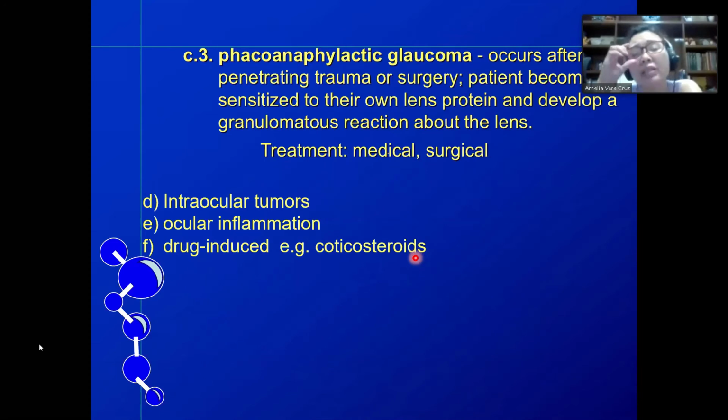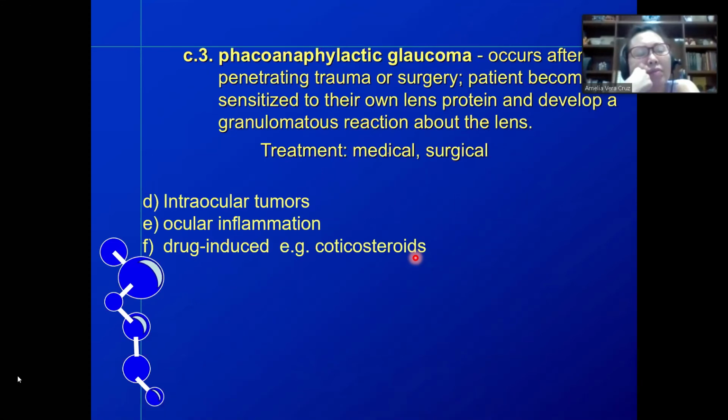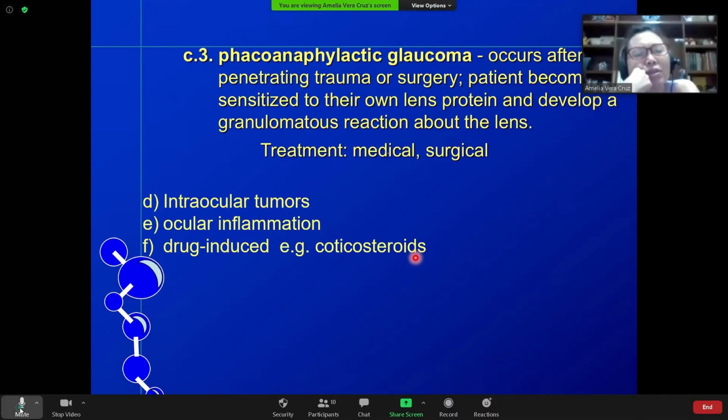Why? Here, give me the reason. It is your own. Why will it cause reaction? Any? Give me other answers. Why will it sensitize the eye?